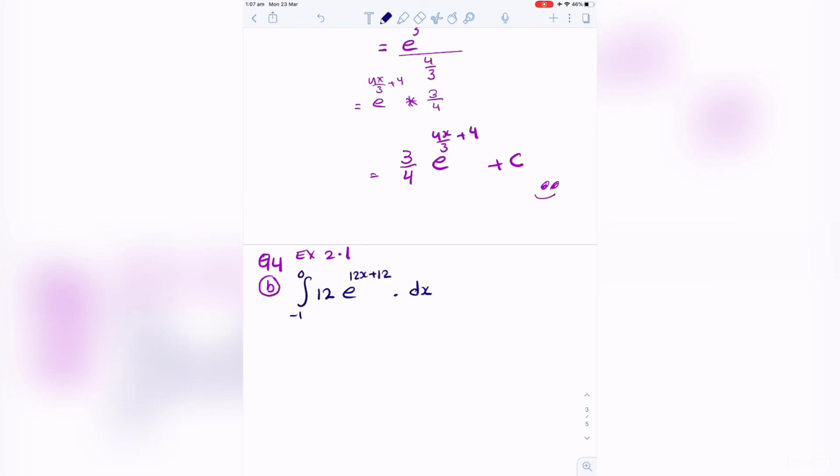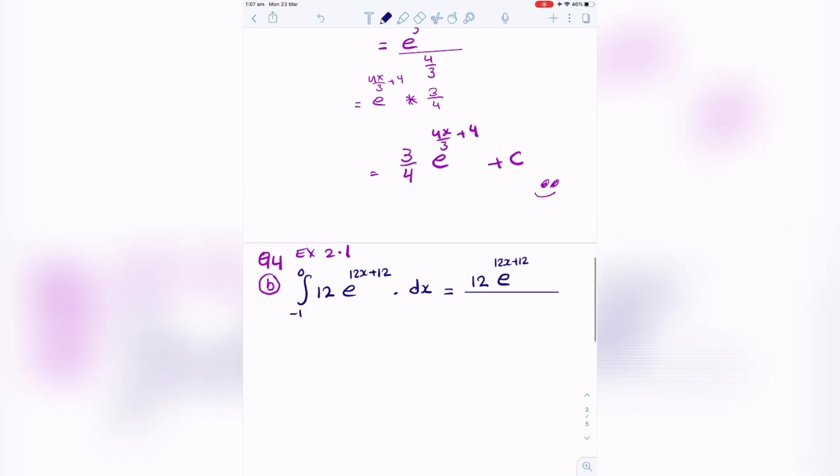In this case it's going to be equal to, we put the 12 as it is, then e to the power 12x plus 12 again as it is, and we divide by the derivative of the power, which is 12.